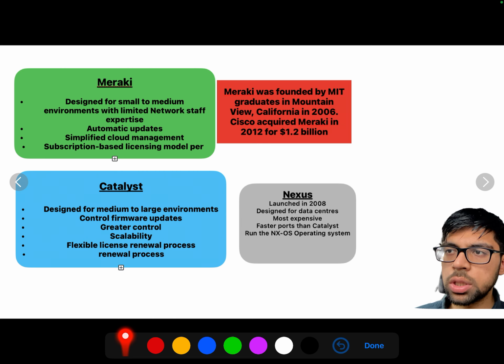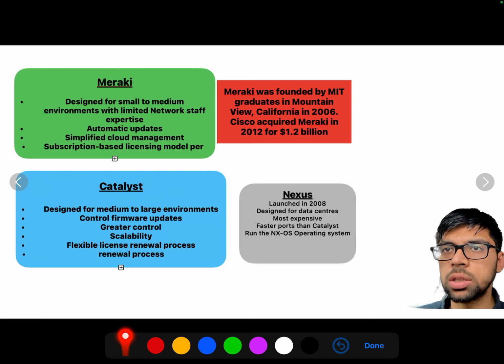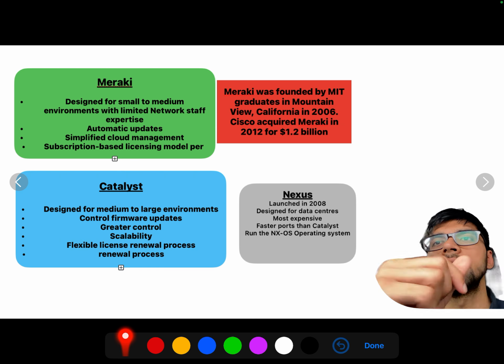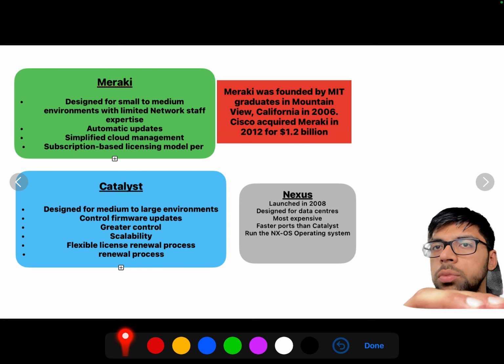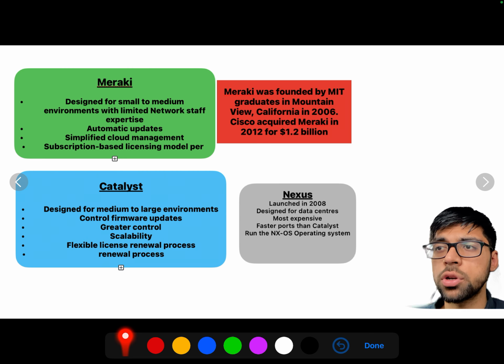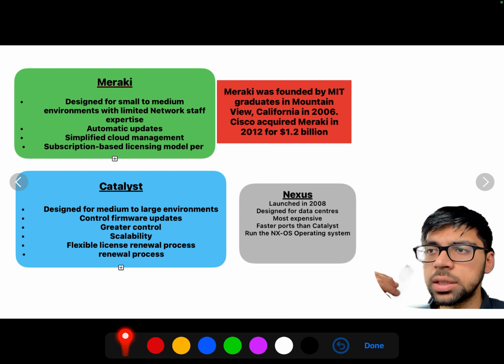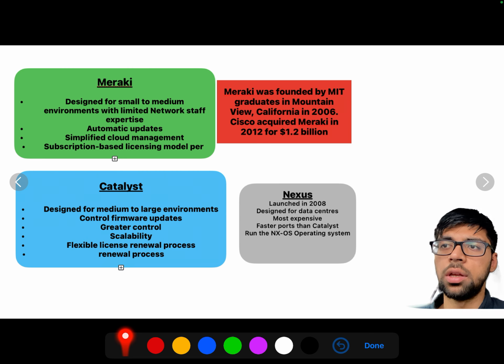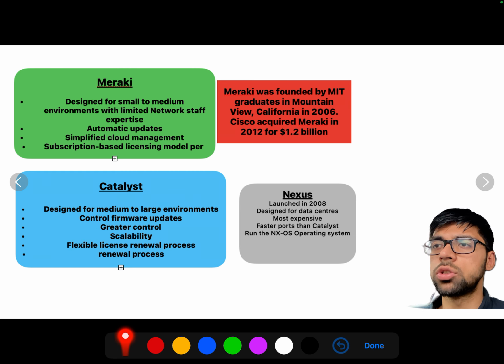Important to know when it comes to licensing, Meraki uses a subscription-based licensing model per device. Every device needs to be licensed, and it's very important to know that if your license expires and you don't renew it, then the switch will cease to operate.